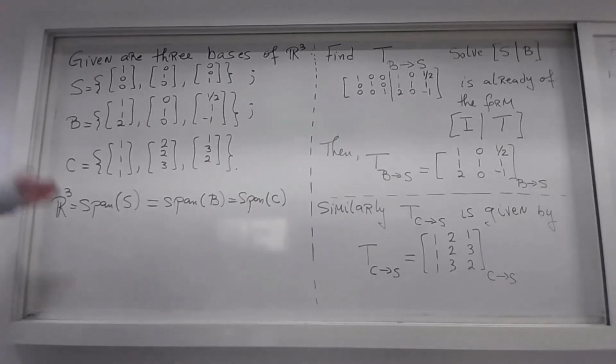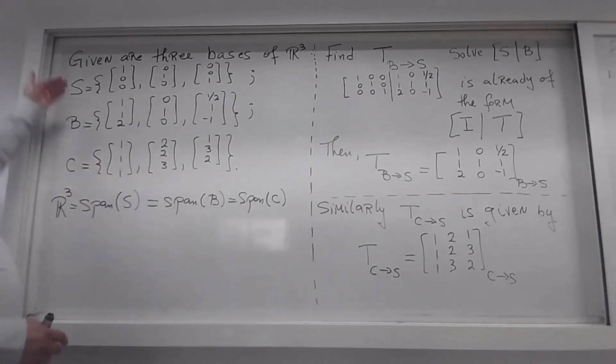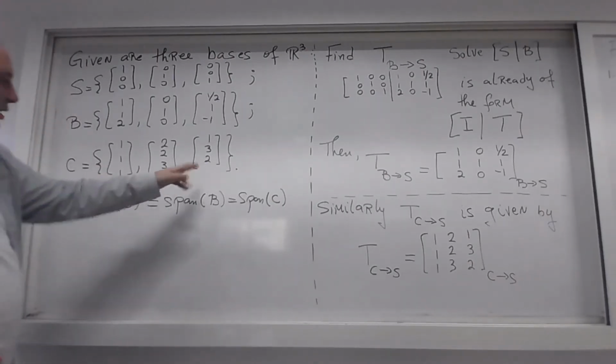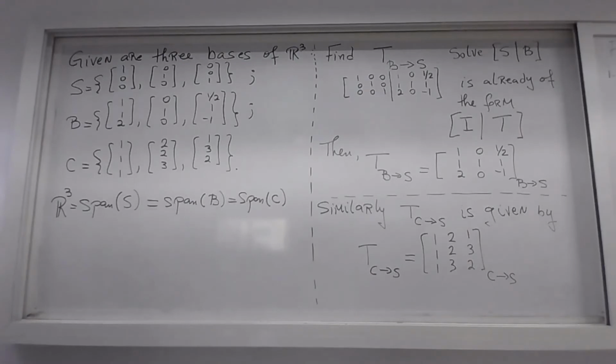We just assume that these are the bases S, B, and C. I'm just specifying it here. So R3 is the span of the standard basis, the span of basis B, the span of basis C, obviously.